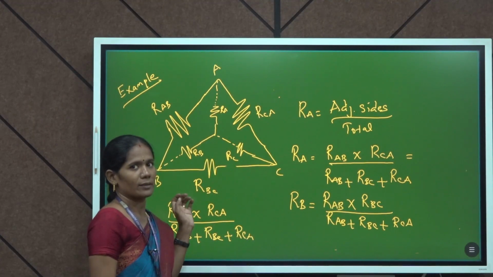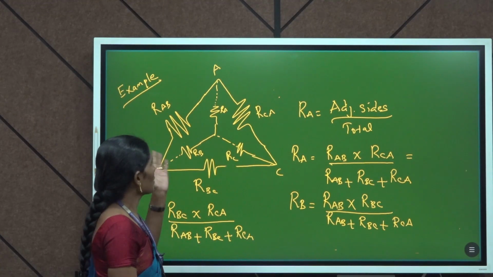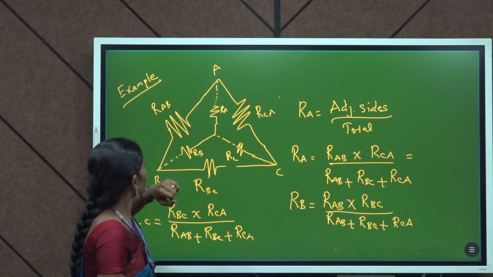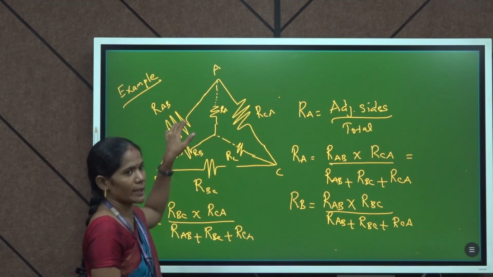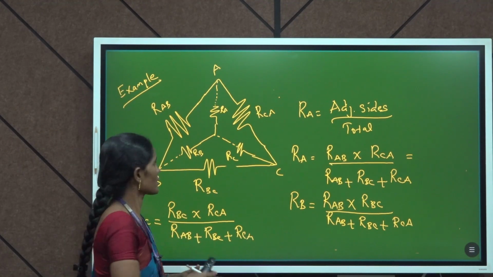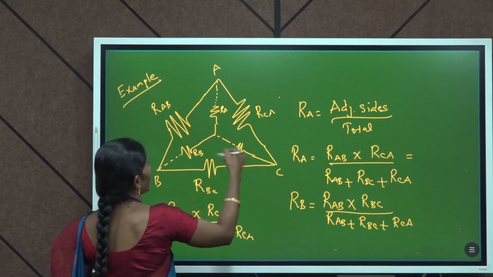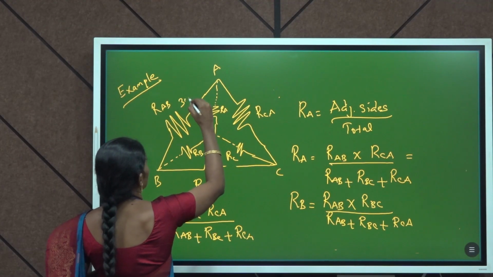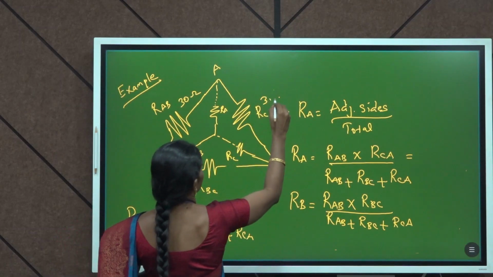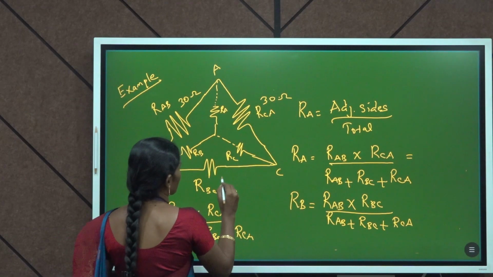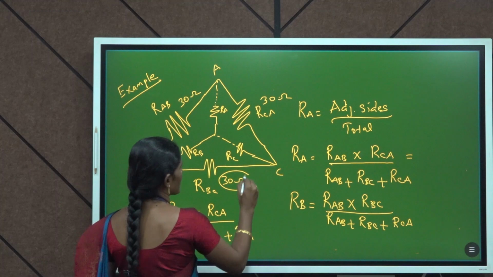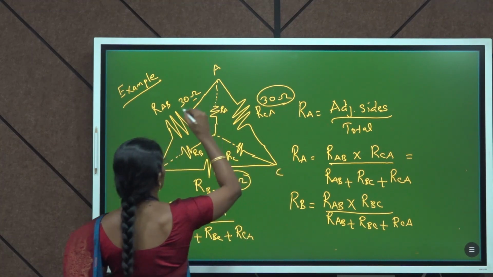Okay, we can take this problem as a second example. In this example, we can assume the same values of delta resistances. So, the delta resistances given here are 30 ohm, 30 ohm, 30 ohm. The same amount of resistance is taken as the delta resistance.